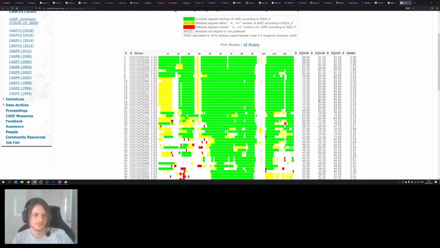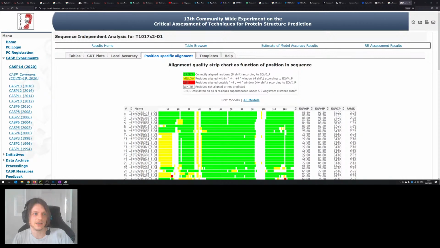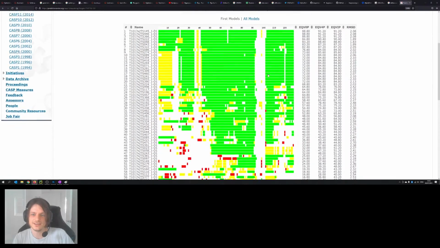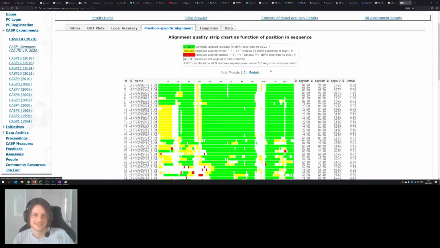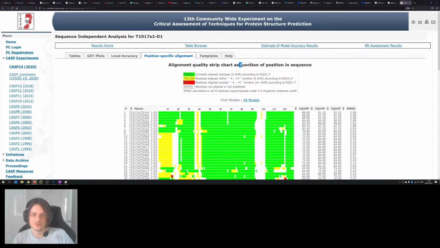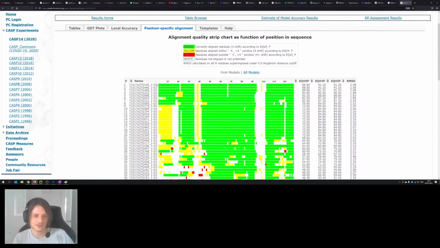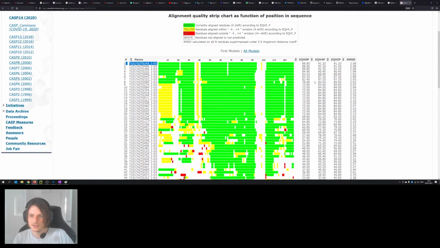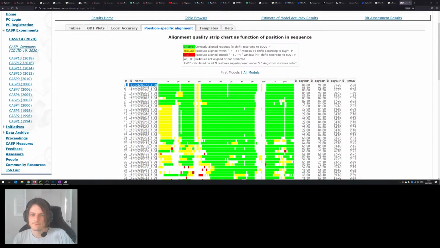Residues aligned. Okay, so I see, but this is the output of it, isn't it? CASP13, 13th community-wide experiment on the critical assessment of techniques. This is the output. Okay, alignment quality strip chart as a feature. So who is this? So this is for this. Version 4. First models, all models.